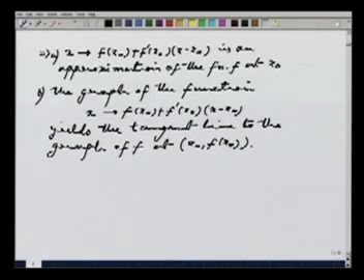Okay, so mere existence of derivatives gives you the best linear approximation of f at x naught, and the line which you get is essentially the tangent line. Now this is the viewpoint we are going to take when we go to functions of several variables.